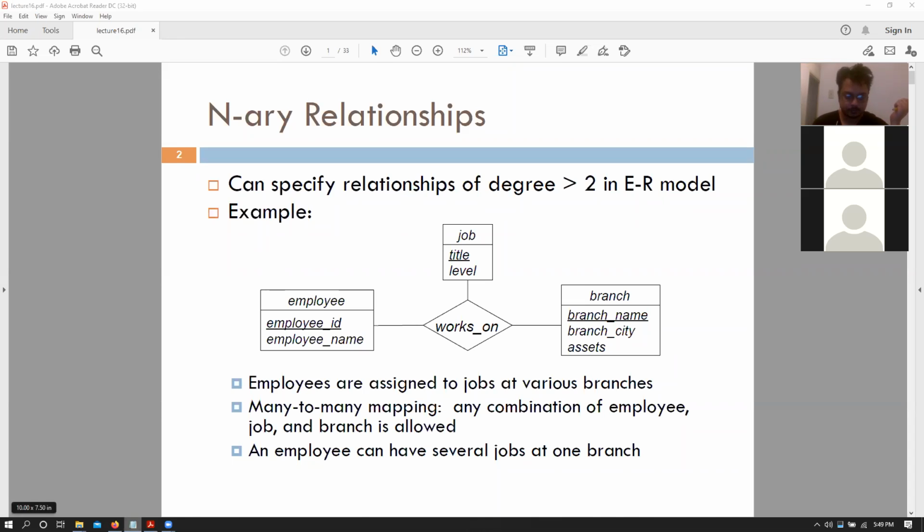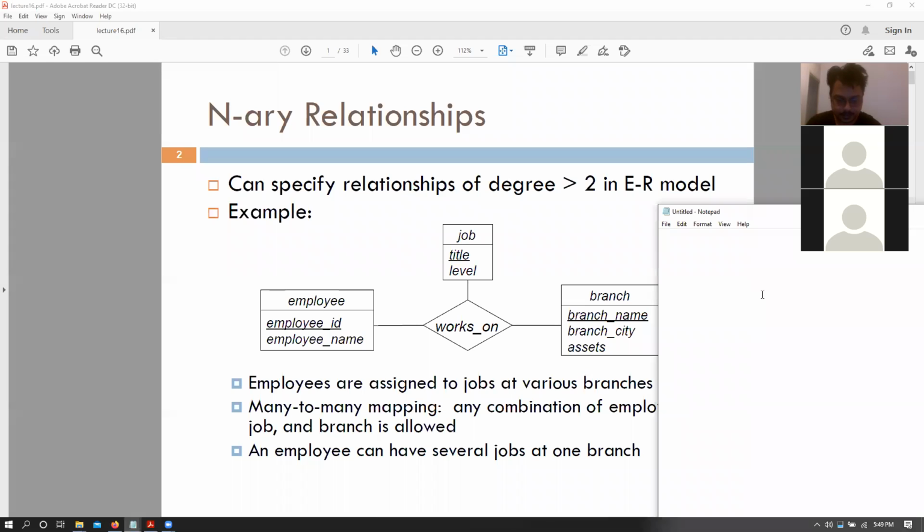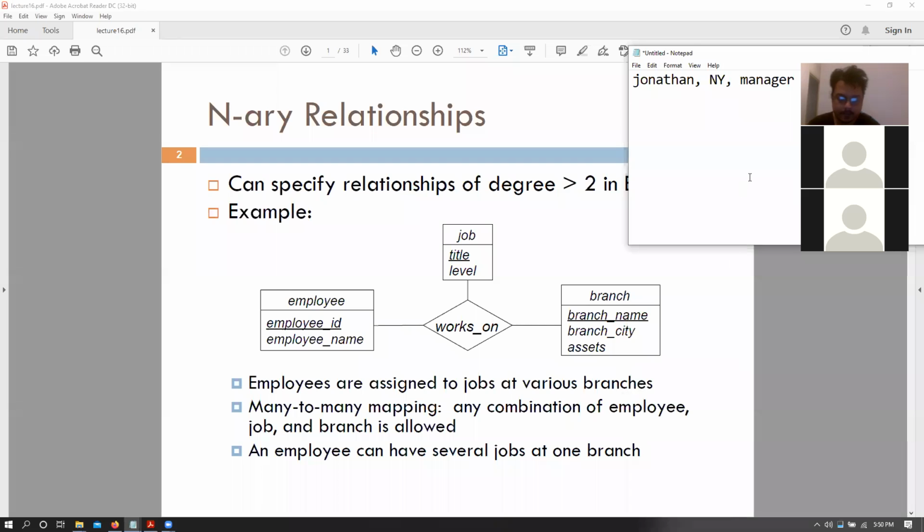So given this relationship, can I say that Jonathan works in New York as a manager, right? We have that particular representation. And let's say that employee ID and employee name are the same thing.